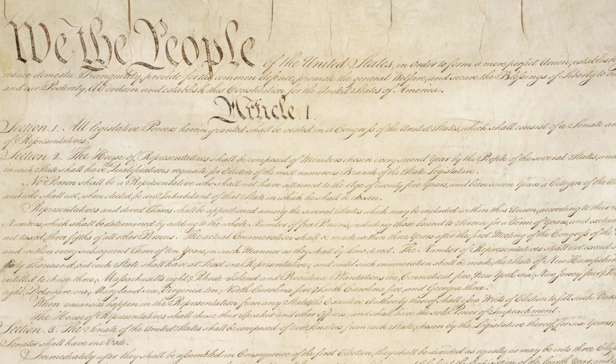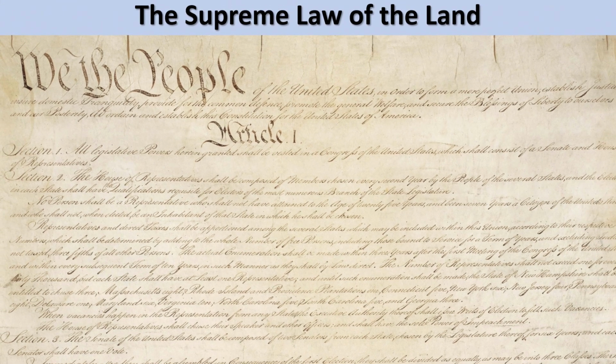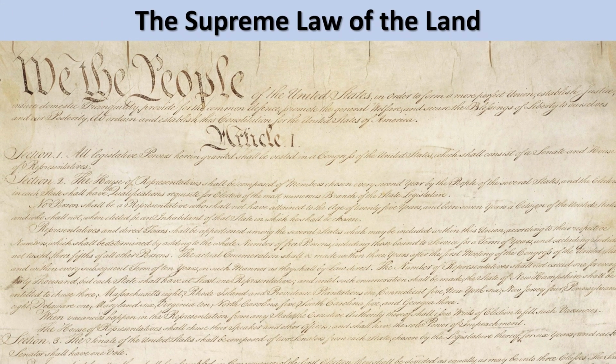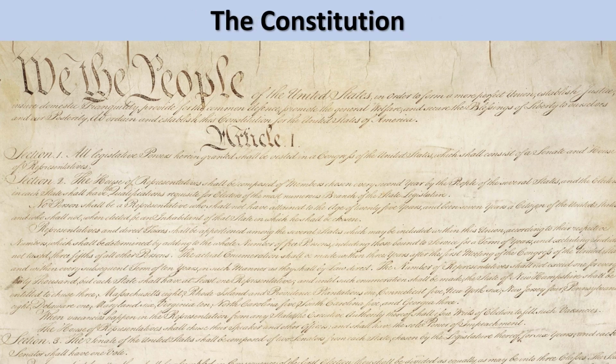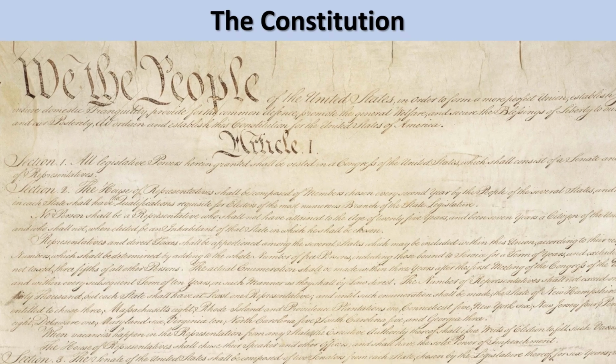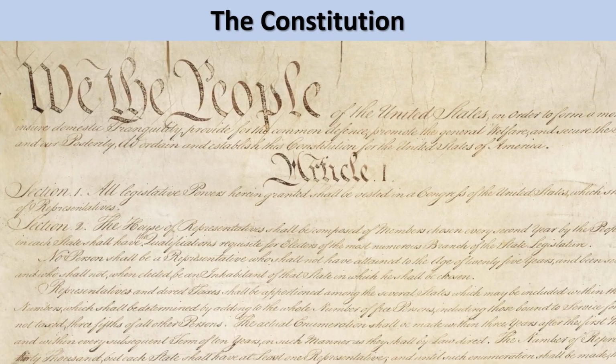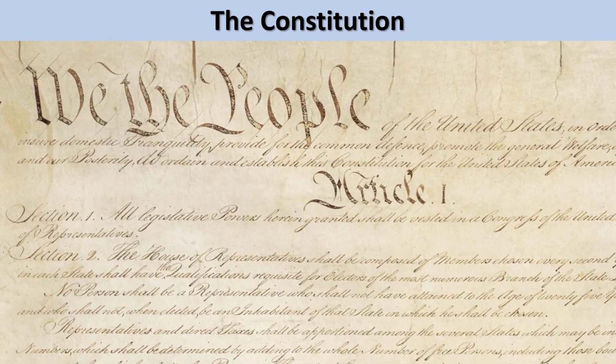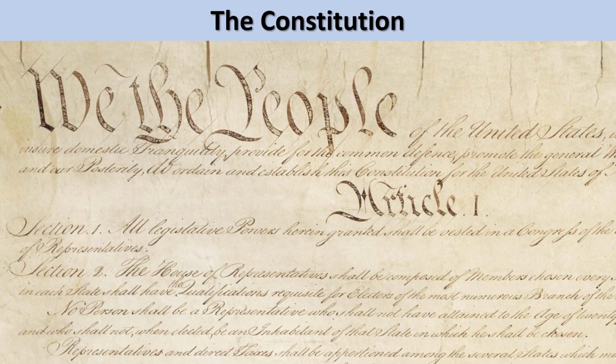In the United States, there is one legal document that is above all others. This document is the supreme law of the land. The supreme law of the land is the Constitution. As the supreme law of the land, the Constitution protects basic rights of Americans, even from lawmakers and other people in government.